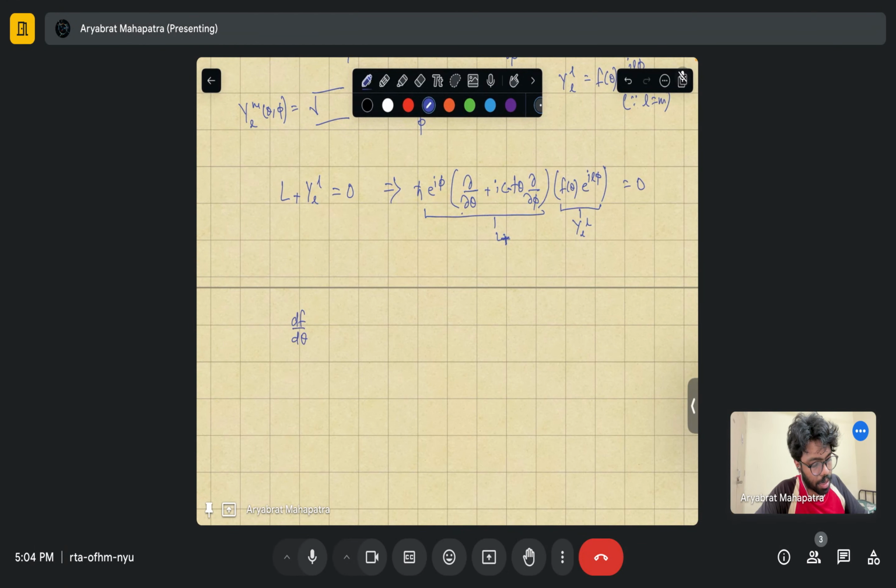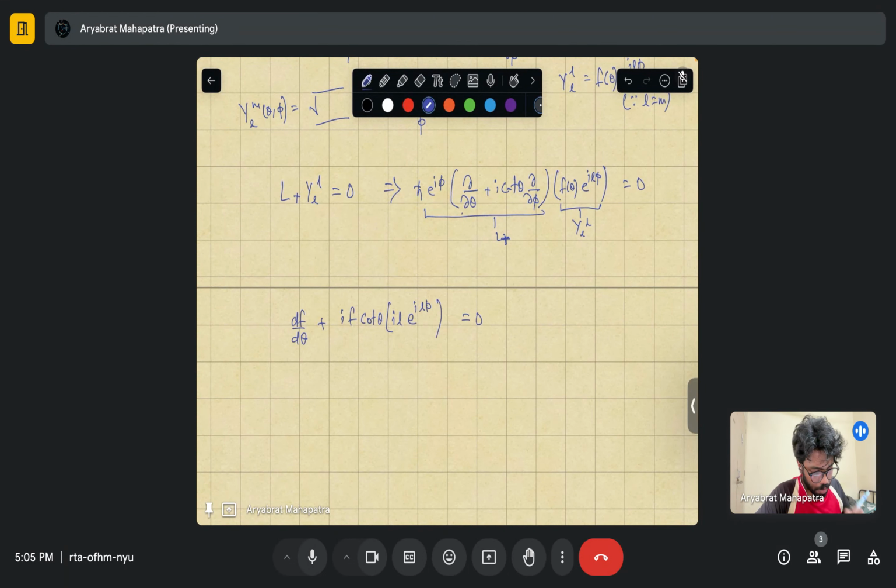This del by del theta will not operate on e to the power iL phi. For the next term, we have i f of theta cot theta, and when you operate del over del phi on e to the power iL phi, you get iL e to the power iL phi. Right, so that equals 0.